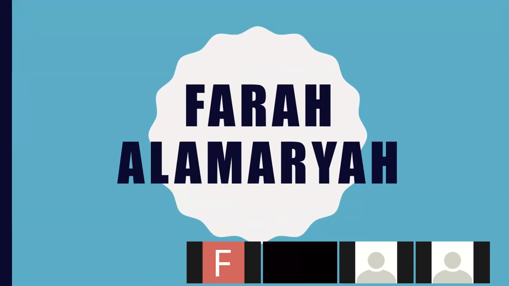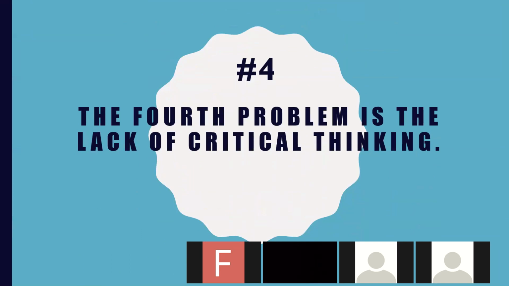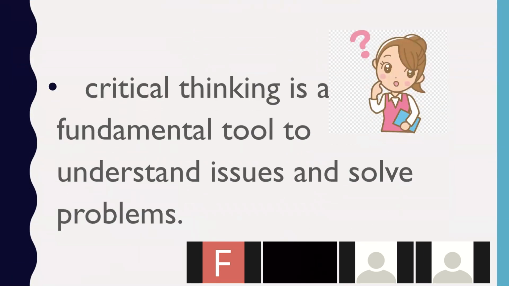Hello there, I'm Farah Hassan, and I'm going to talk about the fourth problem. The fourth problem is the lack of critical thinking. Critical thinking is a learned skill that requires instructions and practice. Critical thinking is a fundamental tool to understand issues and deal effectively with social, scientific, and practical problems.